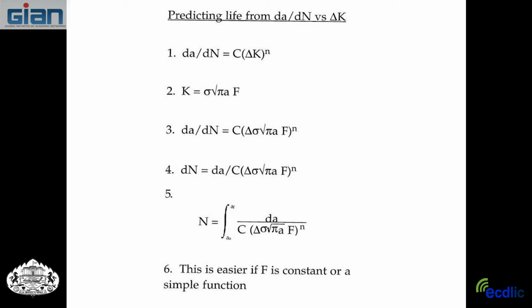K is sigma square root of pi a capital F. Then da/dN, put delta K in there in terms of delta sigma, square root of pi a, capital F, to the n, and then separate them out and integrate the left side. If you go from 0 to cycles to fail, then that's cycles to fail. The right side goes from initial crack size to a final crack size. All the rest of this stuff is over there.